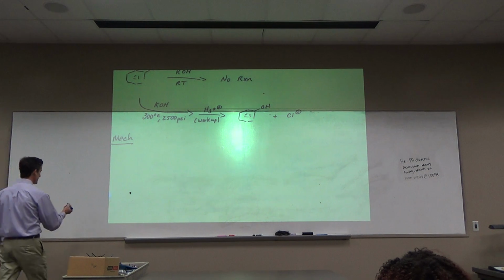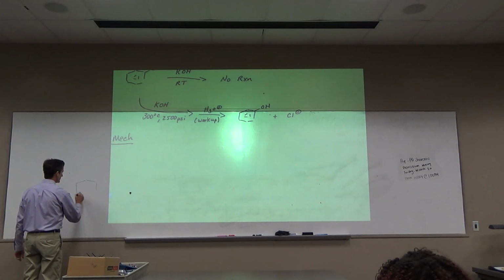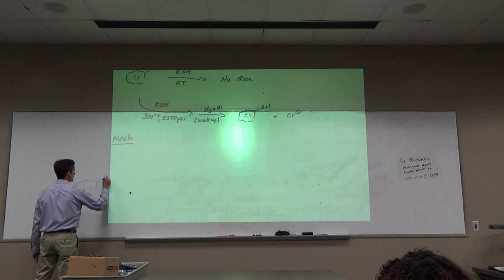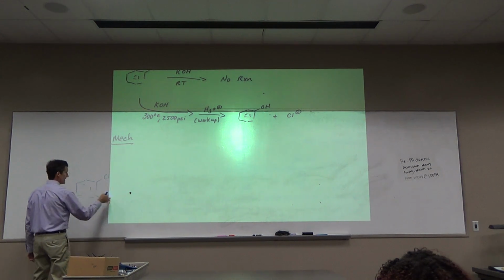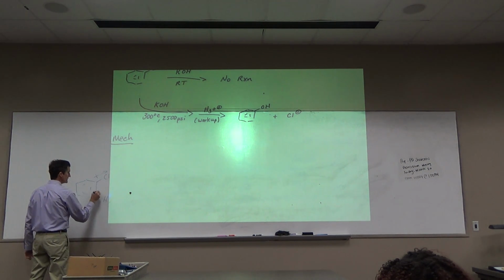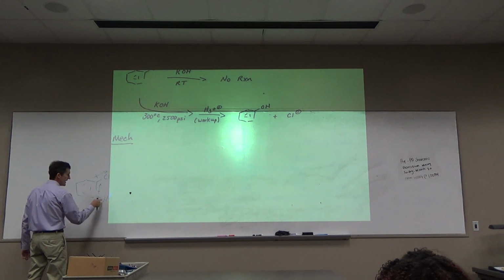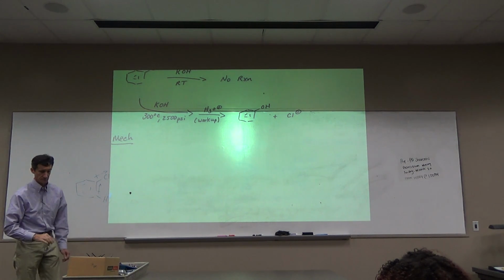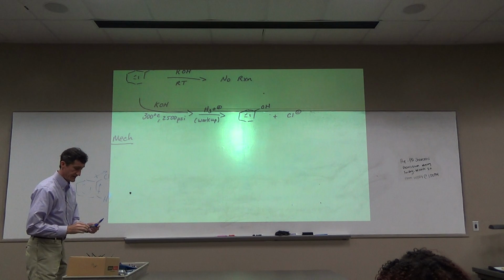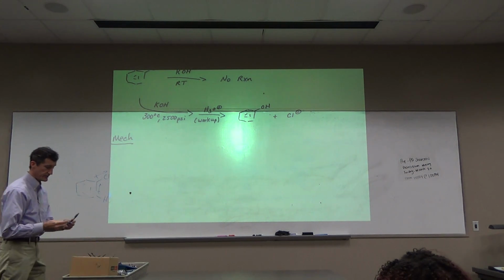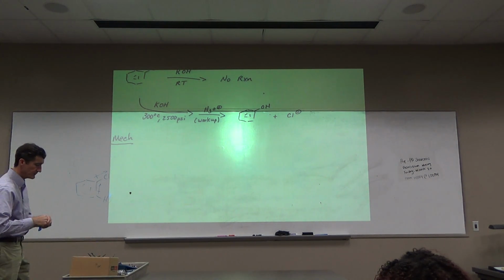Instead, though, it acts as a base and takes one of these hydrogens. Next door, we have a dipole here, which gives slight acidity. Not much, but under very forcing conditions, we can do acid-base chemistry.